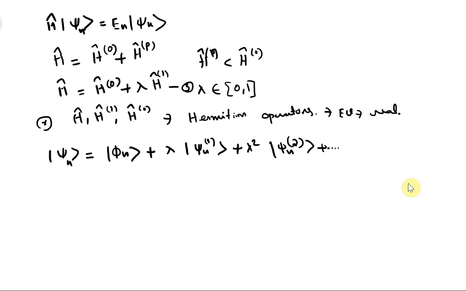So second order correction is the maximum that we will be going by using this methodology. Psi n is this quantity. Similarly, we can expand our En, the eigenvalues, as En 0 plus lambda En 1 plus lambda square En 2, etc.